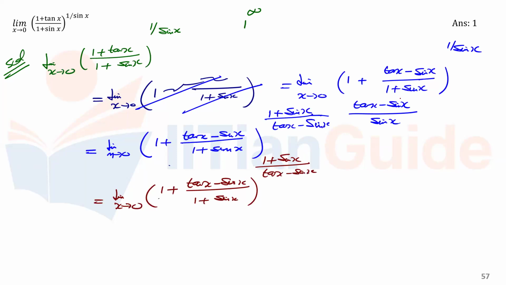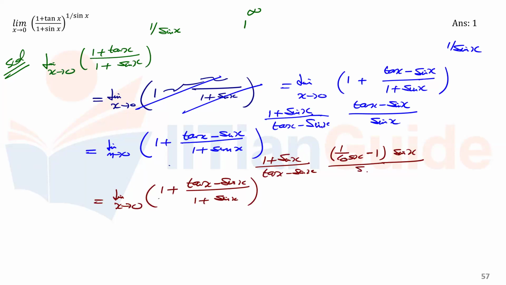Okay. Now the second term here, tan x minus sin x by sin x, it is 0 by 0 form. So tan x I can write as sin by cos, and I can take sin x common. If I take sin x common, in denominator sin x is there, so it gets cancelled. I am left with 1 upon cos x minus 1, or sec x minus 1.